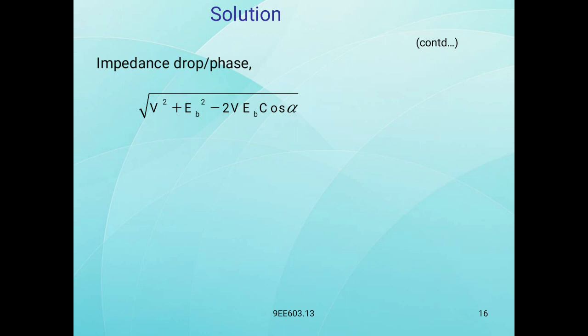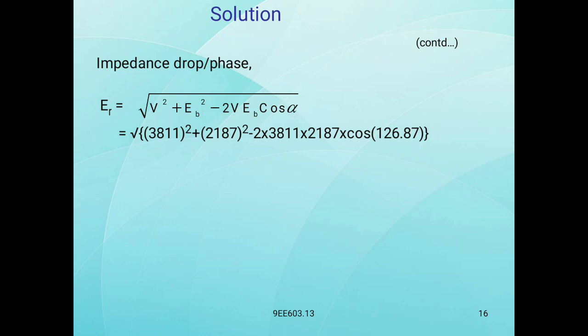Here the impedance drop per phase is ER, which is equal to under root of V square plus EB square minus 2 V EB cos alpha.